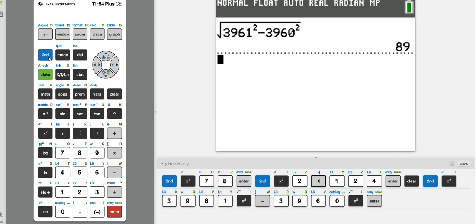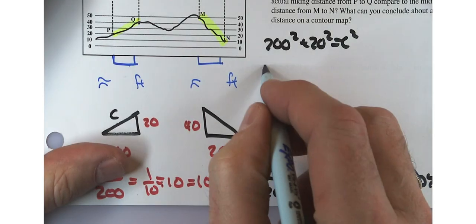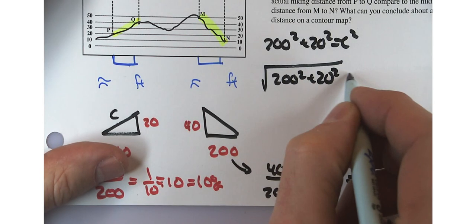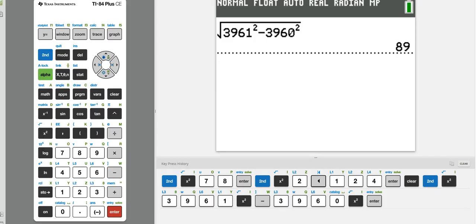Now in this case, we're eventually going to take the square root on both sides. So you could start out like this. Square root of 200 squared plus 20 squared equals C. Let's see.